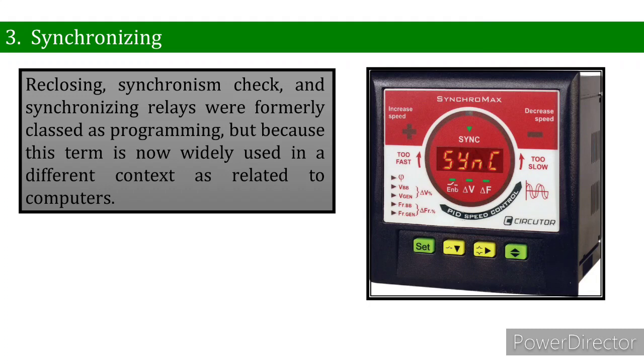Relays of this type are used in energizing or restoring lines to service after outages, and in interconnecting energized parts of the system. For example, if there is a complete blackout and we have to restart our generation systems again, we have to sync them on one single frequency. This is the basic example of this type of relays.